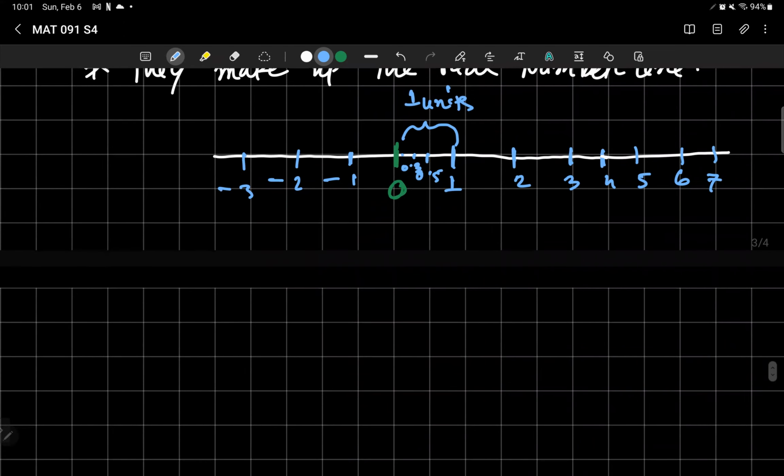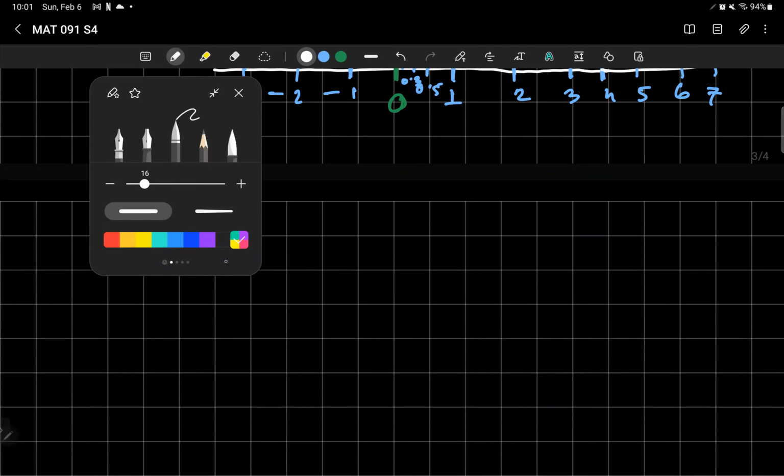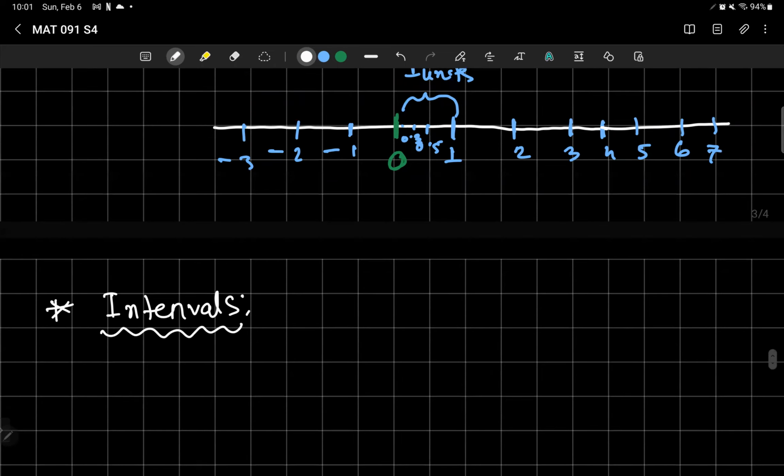Now, what I want to tell you is something about intervals. Let's say you want to select all the numbers from 1 to 2.